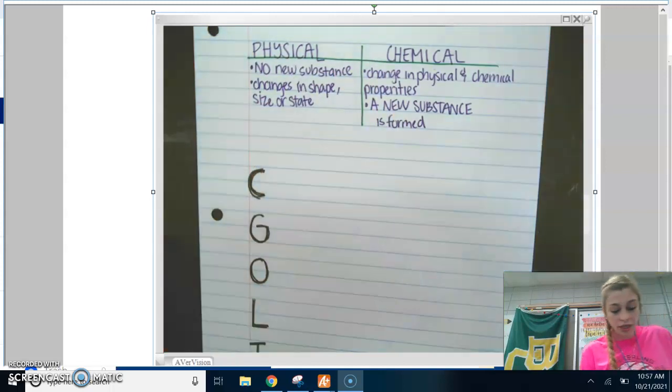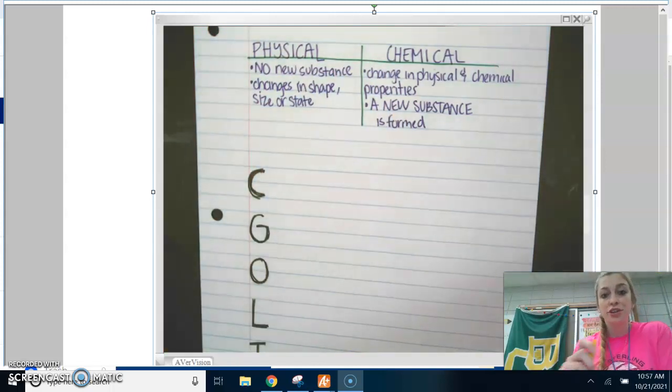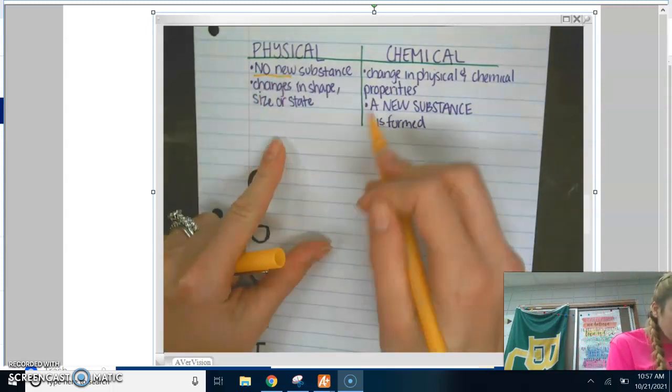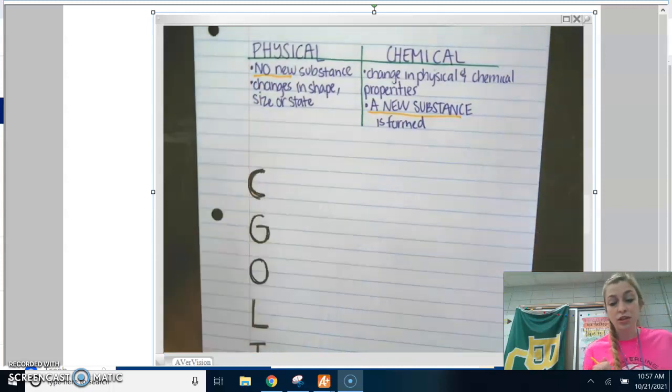So when you are looking at a question that's asking you, is this a physical or chemical change? You're looking, well, is there no new substance or is there a new substance? Those are your big differentiations.